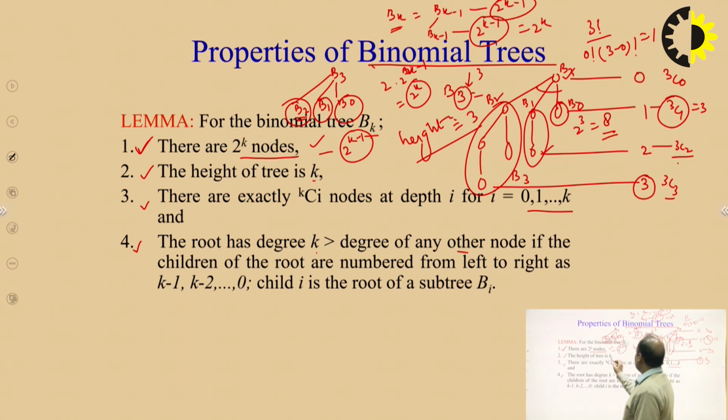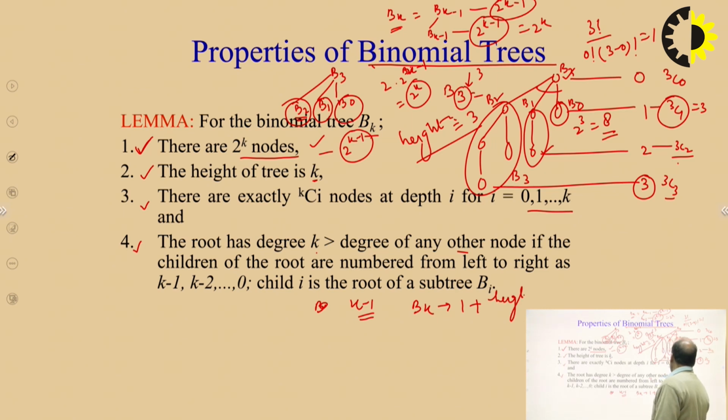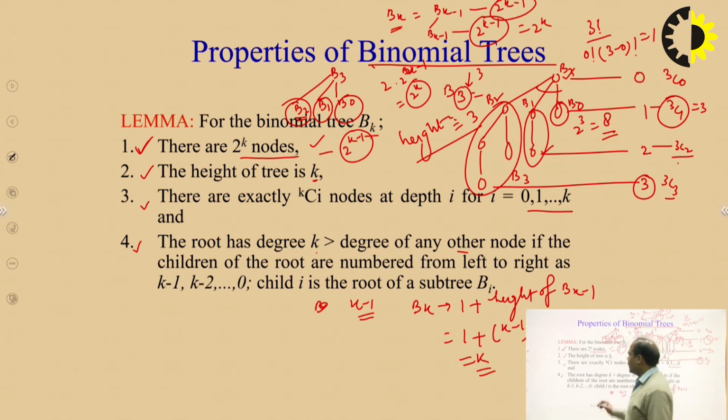Suppose the height of tree in Bk minus 1 is k minus 1, which is true. You know that Bk height is 1 plus height of Bk minus 1. So 1 plus k minus 1 is equal to k, which is true, right? Yes, so this is also correct.